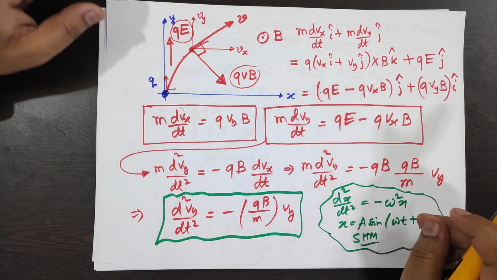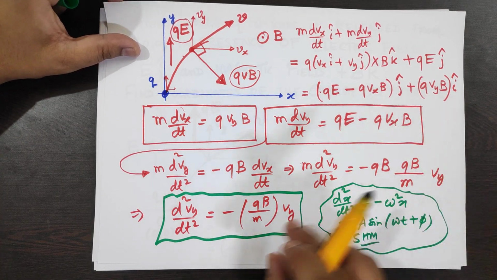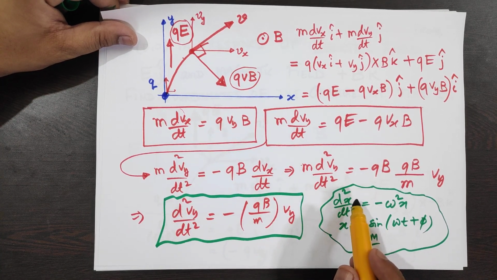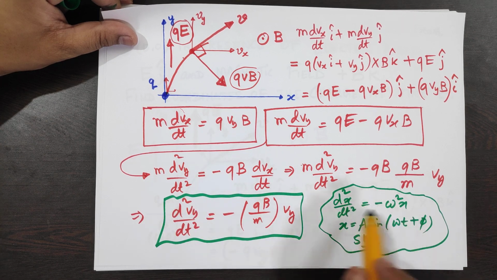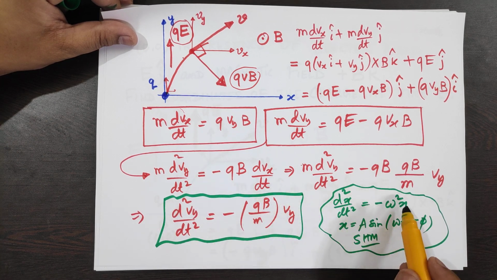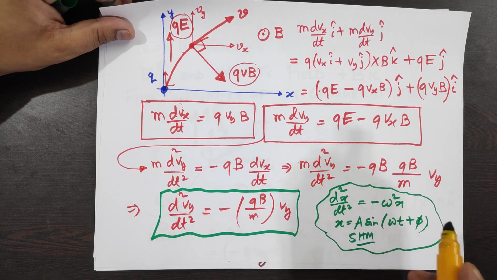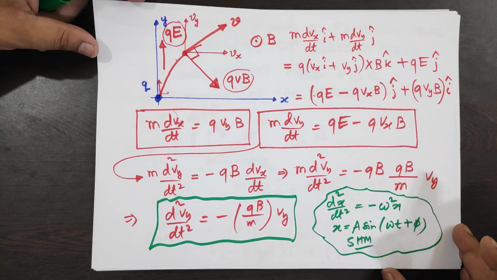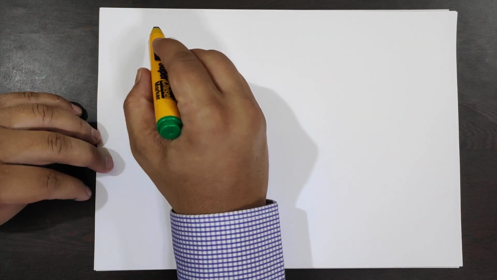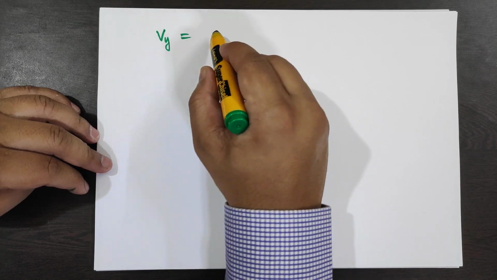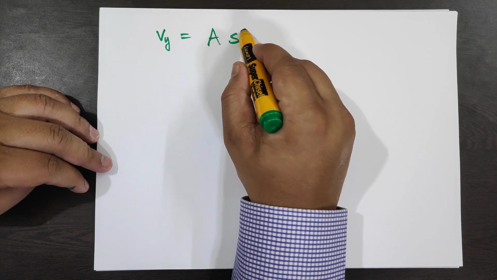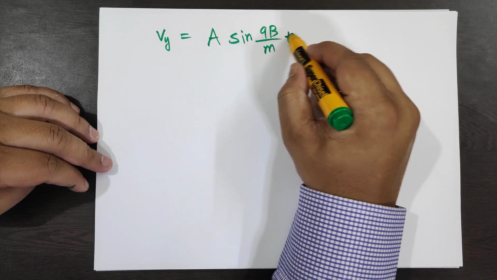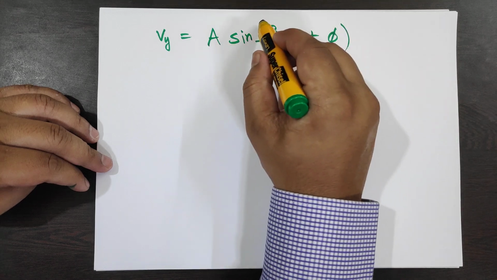So we can equate this case with that of simple harmonic motion. Here Vy will play the role of x, and qB/m is omega. Therefore we can conclude that Vy is of this form: A sine(qB/m times t plus phi), right?